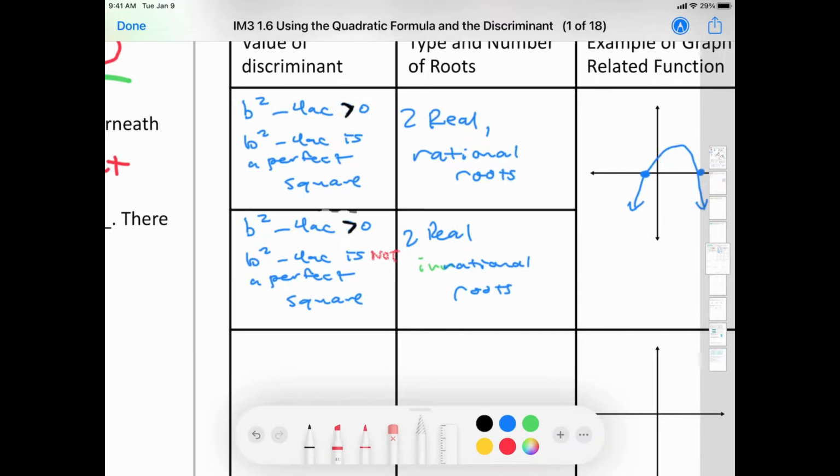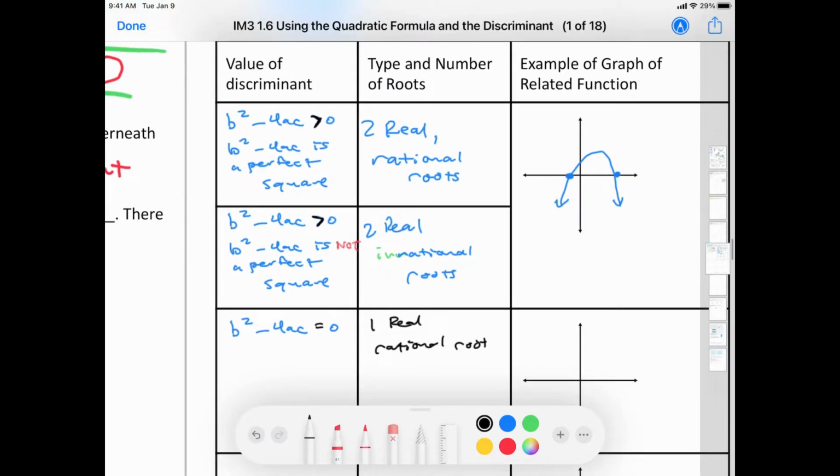If I take this and if it's equal to 0, we will get one real rational root. Okay, what does this one look like?